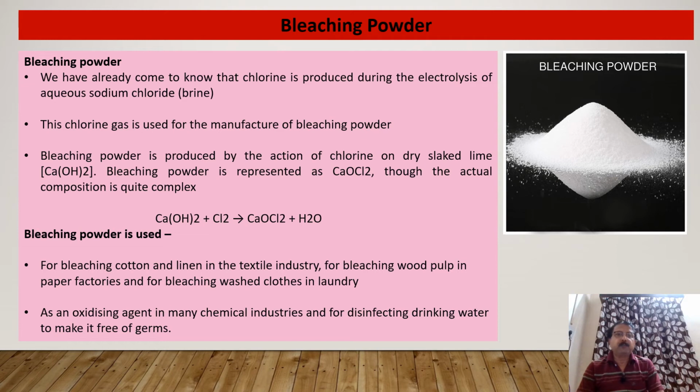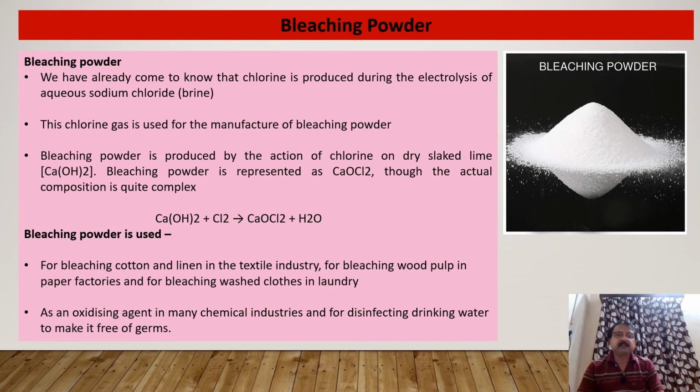The uses of bleaching powder are for bleaching cotton and linen in the textile industry, for bleaching wood pulp in paper factories, and for bleaching washed clothes in laundry.